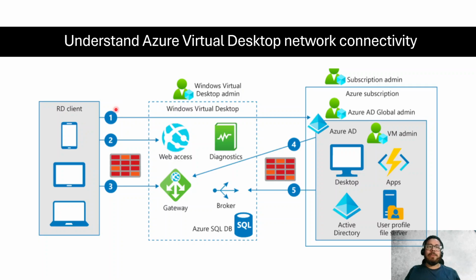The system will ask for my Entra ID credentials. Once I authenticate, I will connect to the web access of the service, and then I will connect to a gateway that will assign me the connection to my host. This gateway will receive the authentication from Azure AD, and then the host will be connected to the broker, and I will connect remotely to my Azure Virtual Desktop.